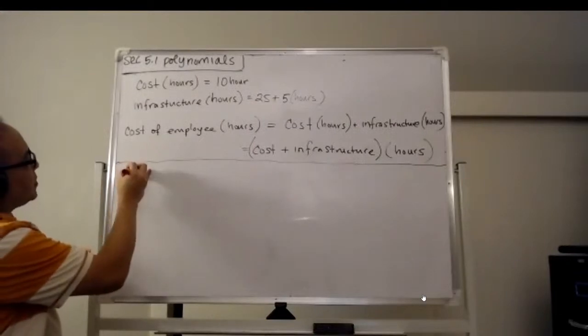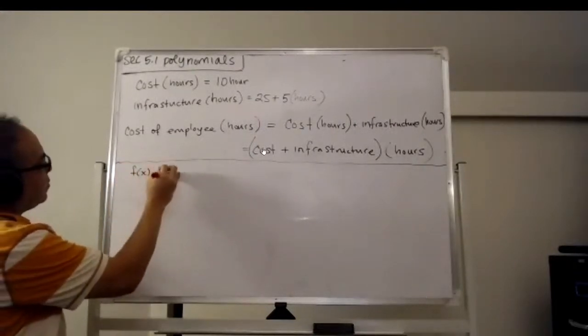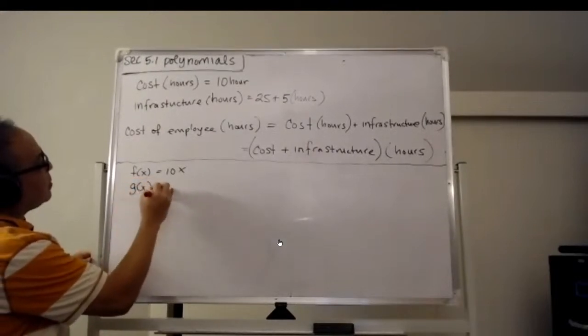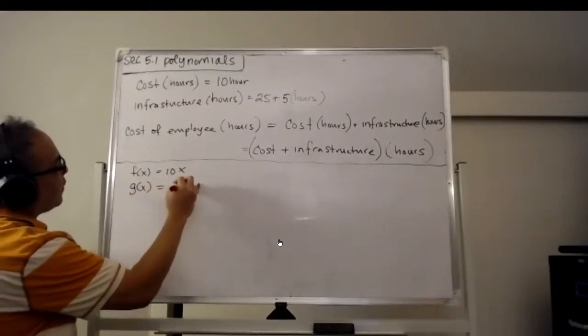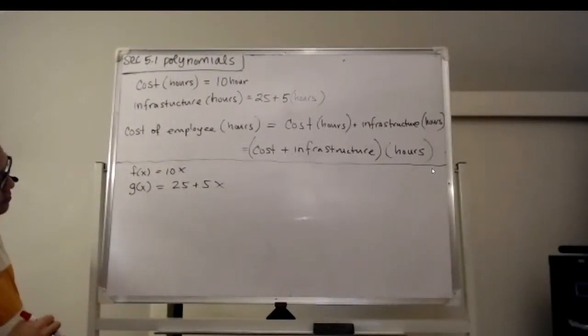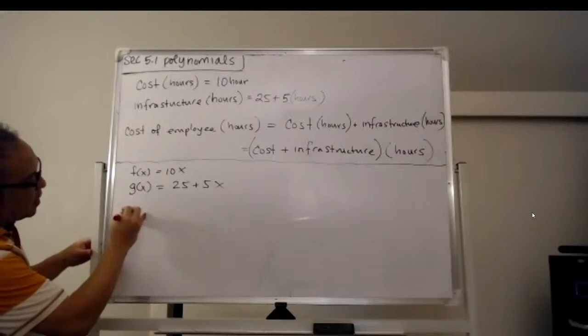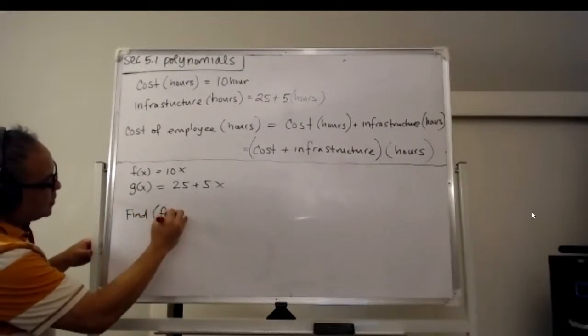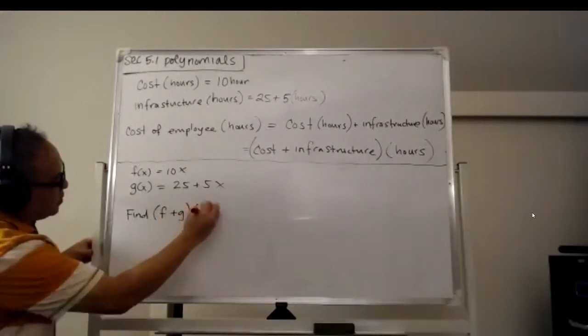So I'm going to say f of x is equal to 10x. I'm going to say g of x is equal to 25 plus 5x. And then I'm going to ask you to find f plus g of 2.